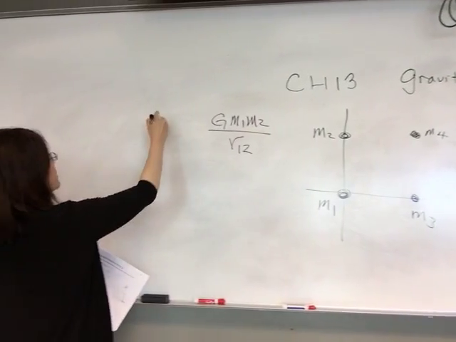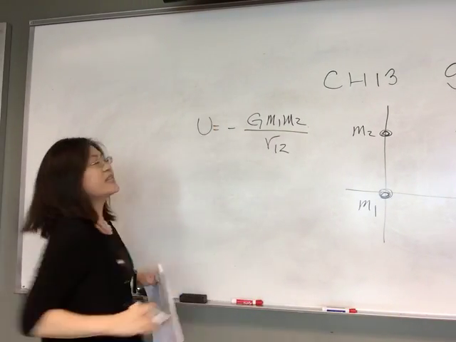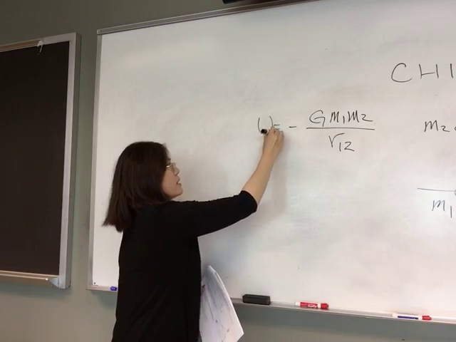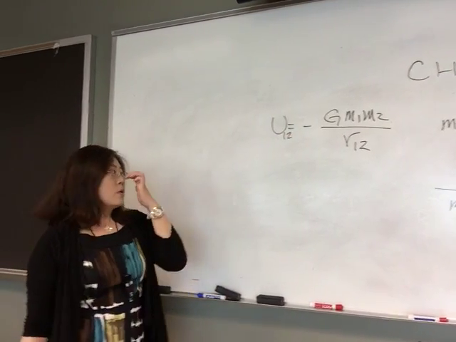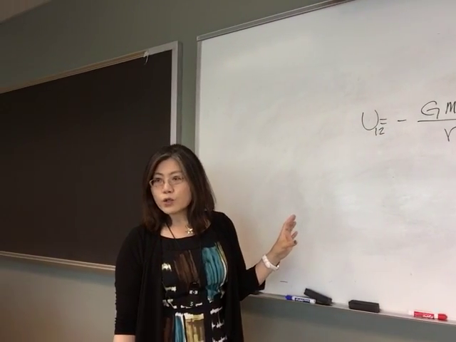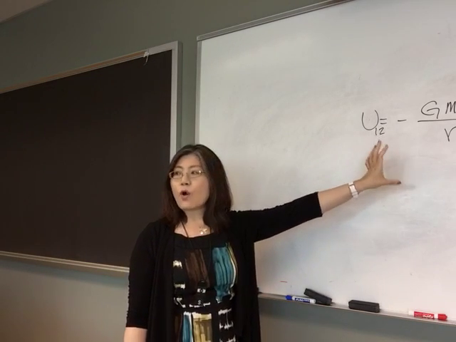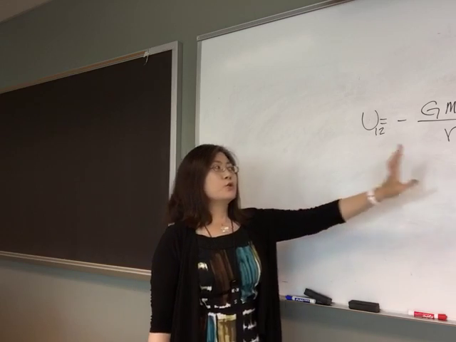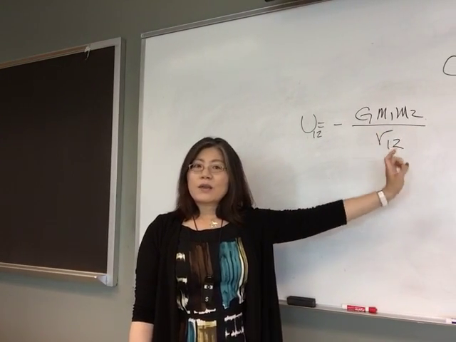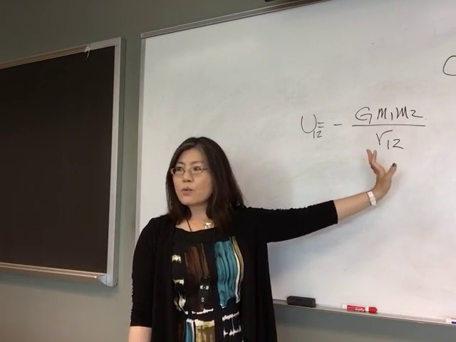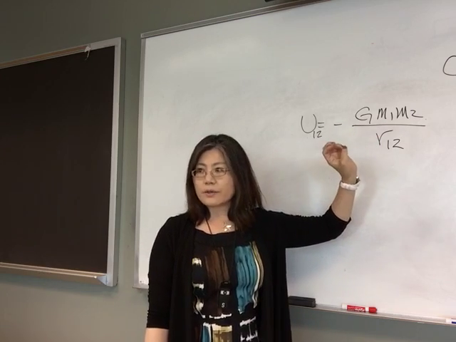So your U here is equal to negative G M1 M2 over R12. That describes the energy within particle 1 and particle 2 when they interact. Do not square it. Do not treat this as a vector. We're dealing with energy. Energy is a scalar.